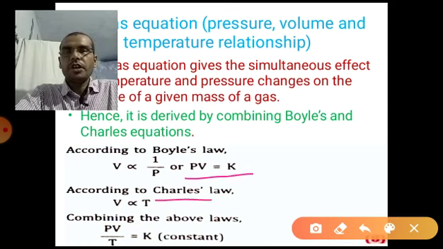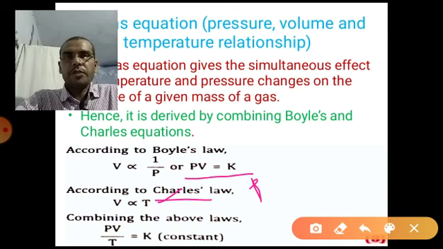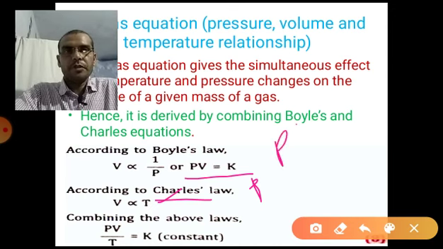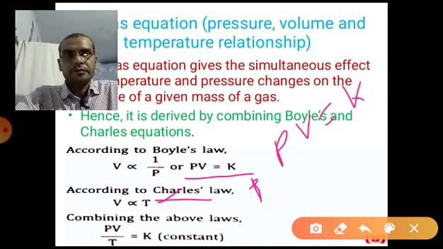According to Charles' law, V is directly proportional to T if pressure is constant, so V by T equals a constant.